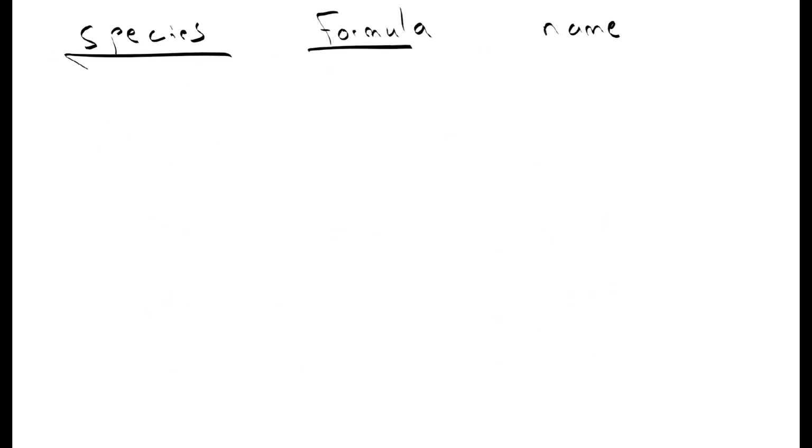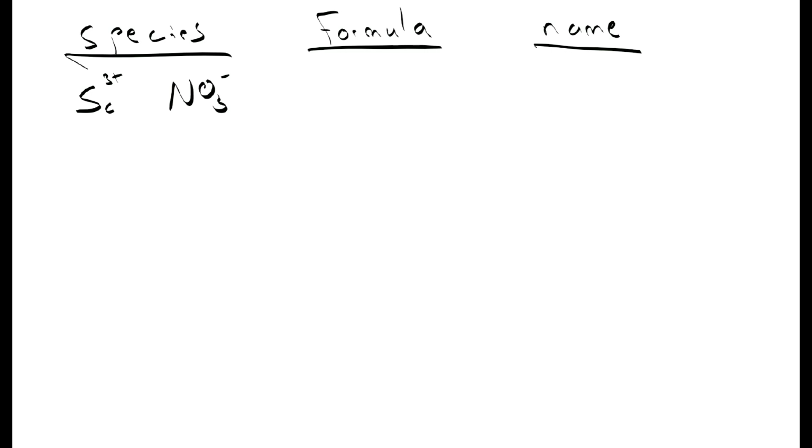In other words, you can have the species involved, you can have the ionic formula, and you can have the name of the compound. So for example, let's go with something strange, Sc3+, and NO3 1-.